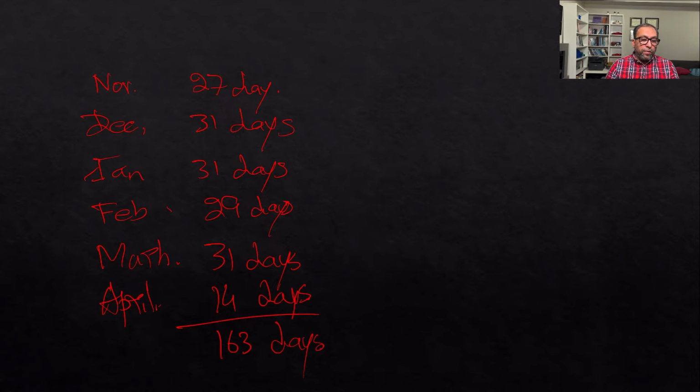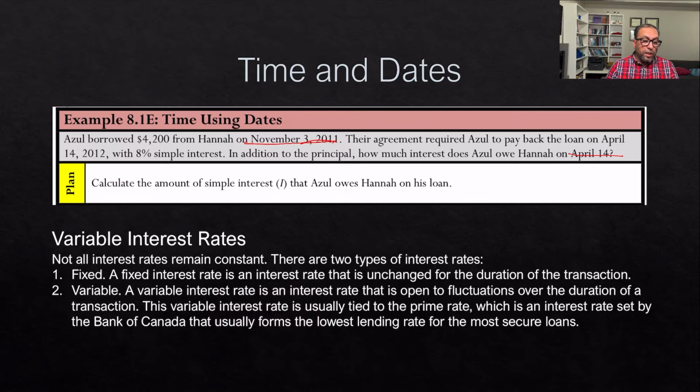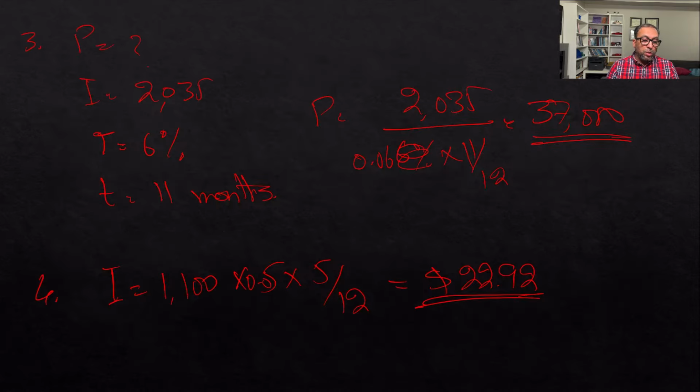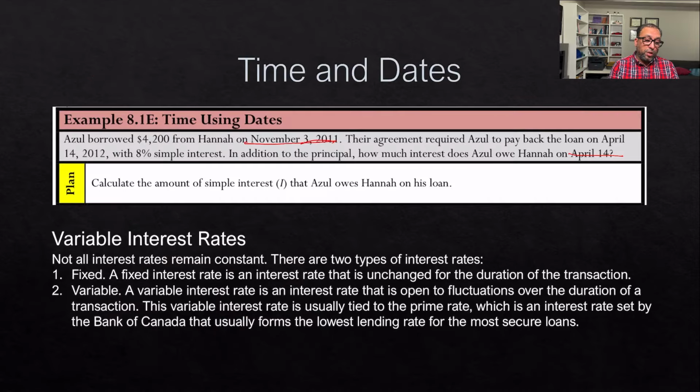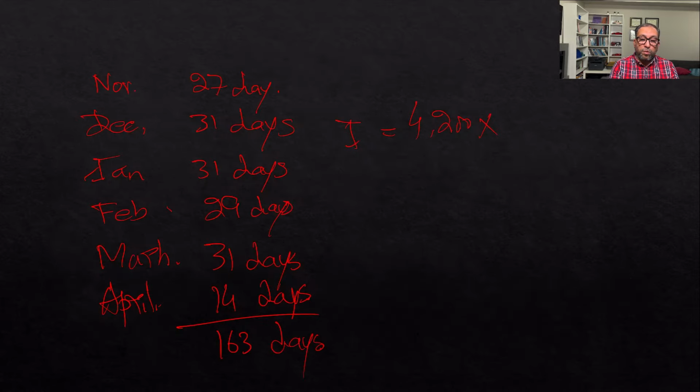So how can we figure it out? You see that the interest rate is 8% and the amount is 4,200. That's the principal we want to calculate interest on, and the interest rate is 8%, but 8% is for the whole year.